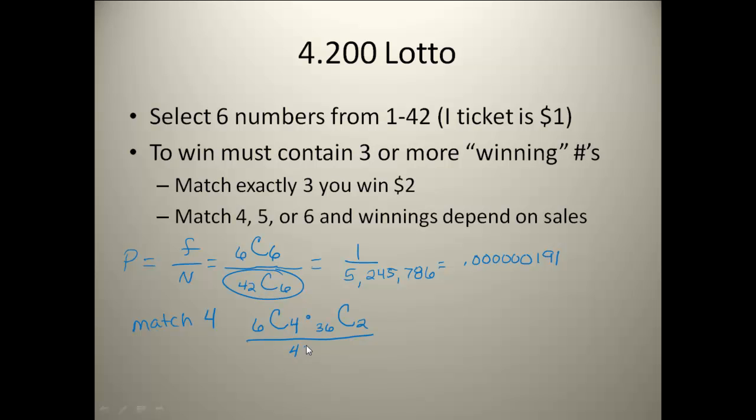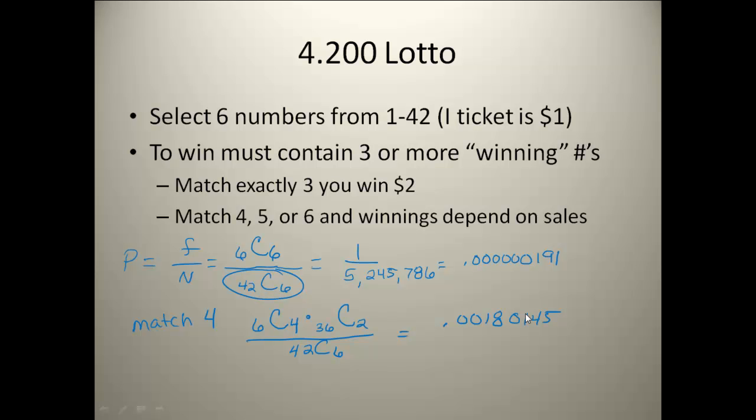And then still divide that by my total. When you multiply that out, you're going to end up with 0.00180145. So that would be part B.